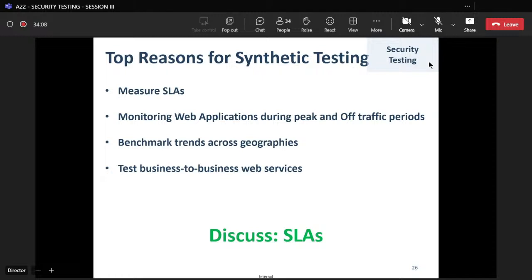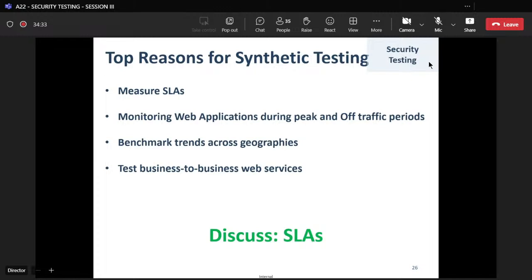Then also it will help you to benchmark trends across geographies, because for certain businesses you'll be getting more traffic from a specific region. So how are you going to test? This synthetic testing will help you even benchmark the trends across various geographies, and if required, you'll be adding more resources to support those requirements.